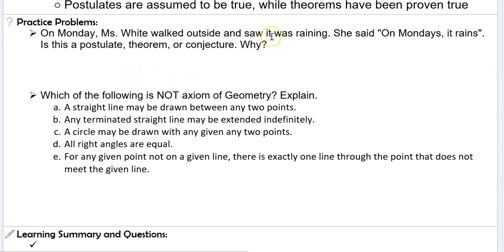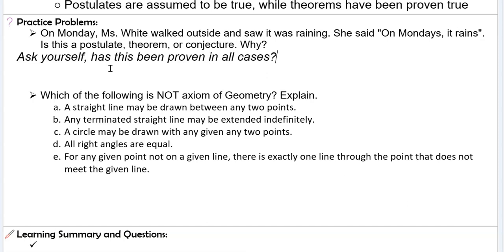So our 2 practice problems. On Monday, Ms. White walked outside and saw it was raining. She said, on Mondays it rains. Is this a postulate, a theorem, or a conjecture? So the question that you ask yourself is, have you proven it? Did I prove it in every case?